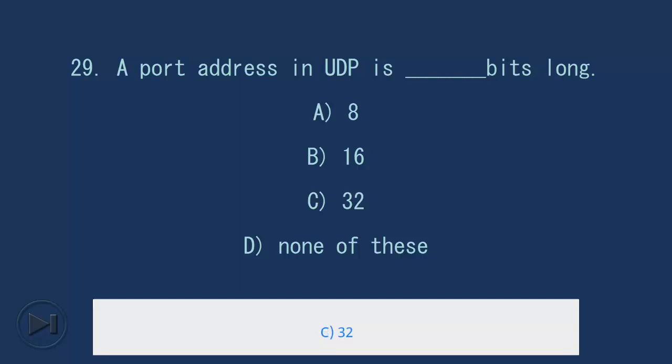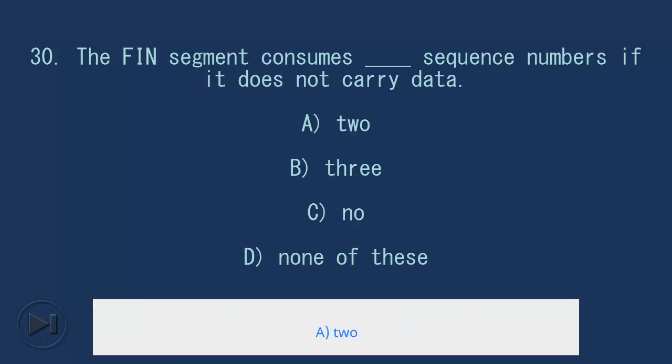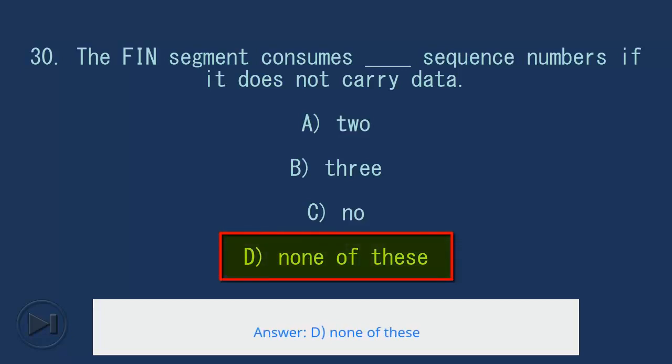C. 32. D. None of these. Answer, B. 16. 30. The FIN segment consumes blank sequence numbers if it does not carry data. A. 2. B. 3. C. No. D. None of these. Answer, D. None of these.